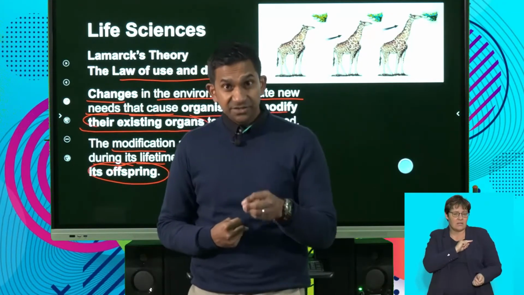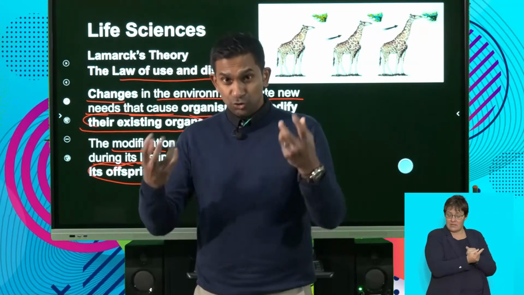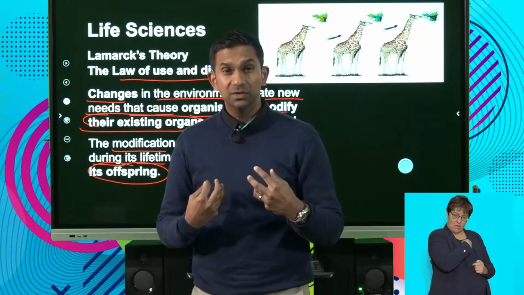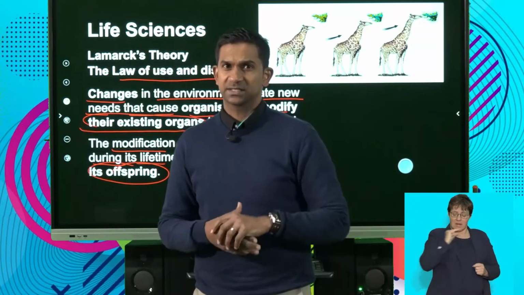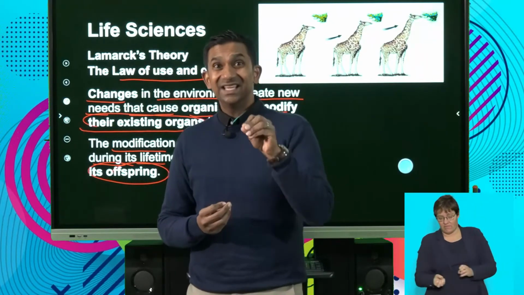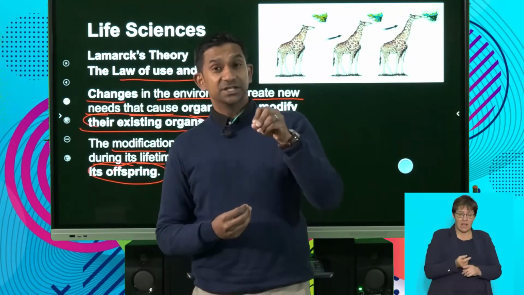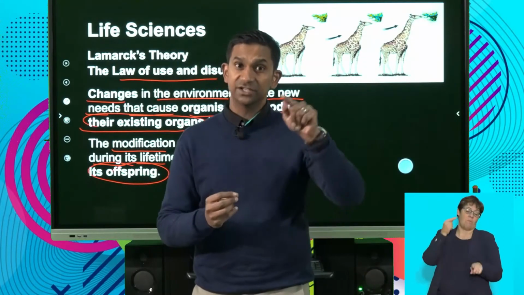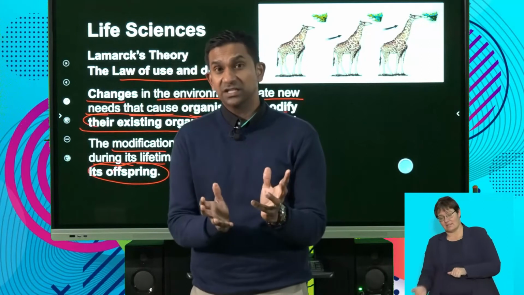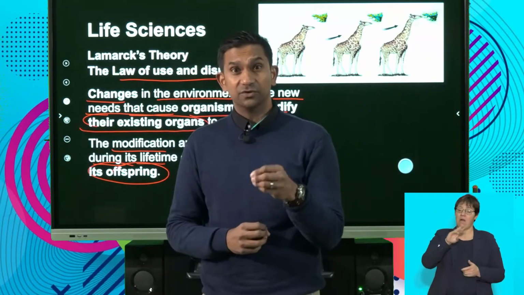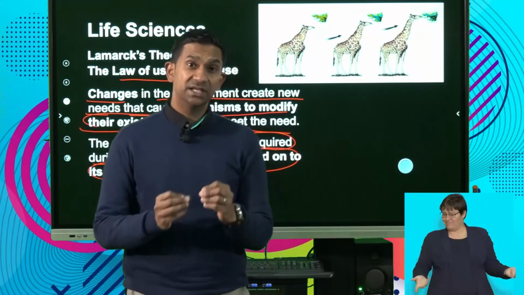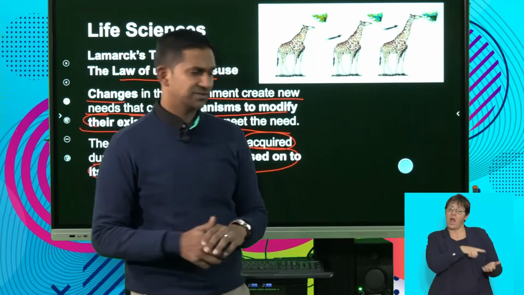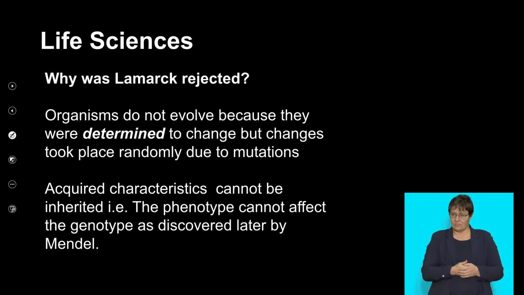Because characteristics or changes that happen to you need to be genetically passed down. The genetic inheritance needs to be what drives the inheritance of characteristics from one generation to the next. And unfortunately, Lamarck was not able to convince people using his theory of acquired characteristics. So let's look at his theory.